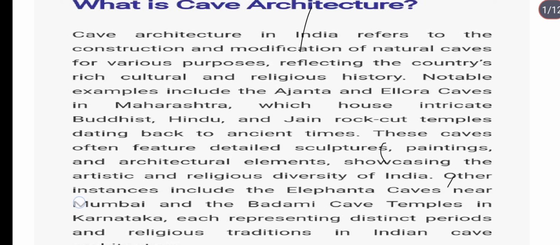Other inclusions are the Ajanta and Elephanta caves near Mumbai, and also the Badami cave temples in Karnataka, each representing the diversity and richness of religious traditions in Indian cave architecture also.